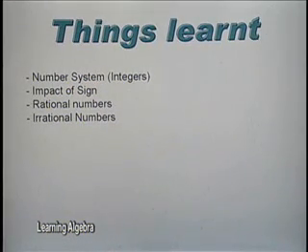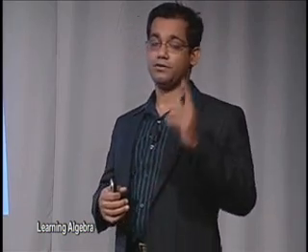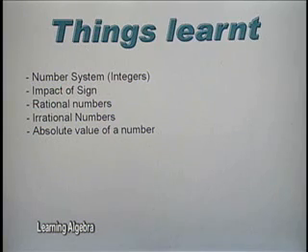More examples are pi, square root 3, and square root 11. And then we talked about the absolute value of a number. Absolute value of a number is the magnitude, the mod, the power of a number. So the mod of minus 5 is actually greater than the mod of 2.